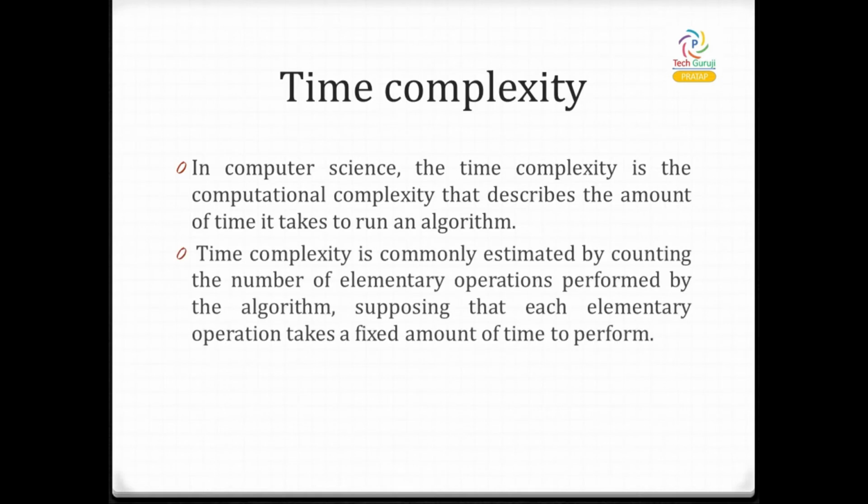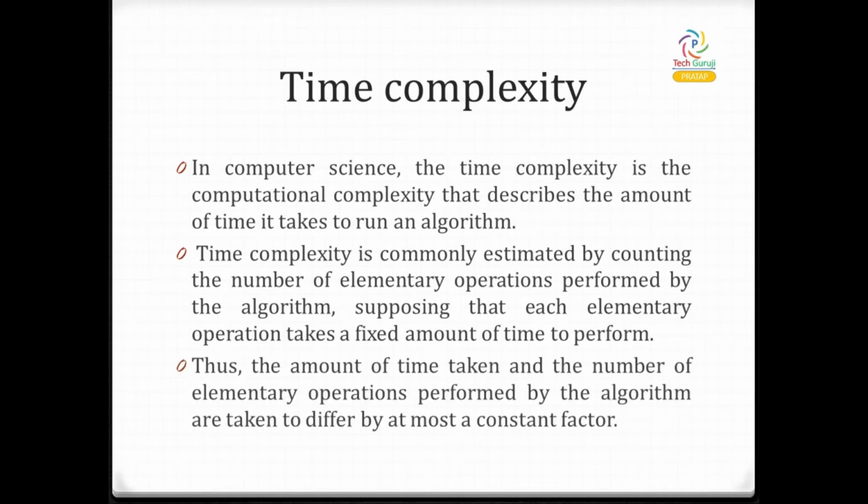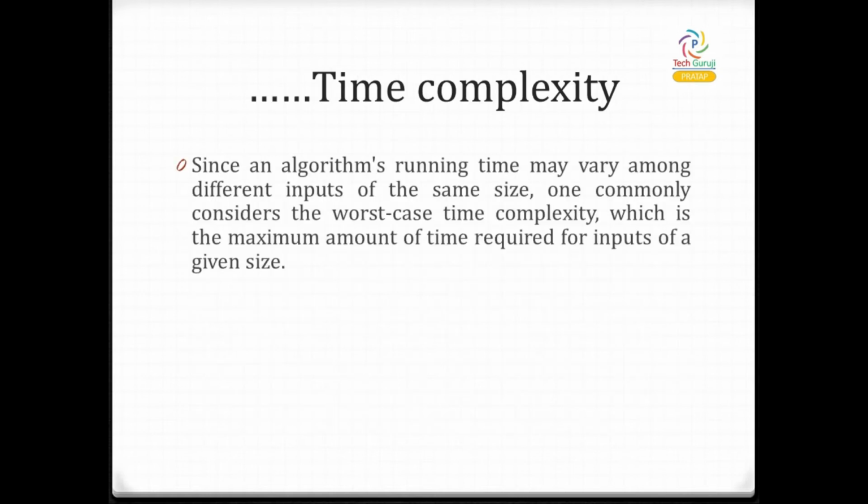The time complexity is commonly estimated by counting the number of elementary operations performed by the algorithm, supposing that each elementary operation takes a fixed amount of time to perform. Thus, the amount of time taken and the number of elementary operations performed by the algorithm are taken to differ by at most a constant factor.